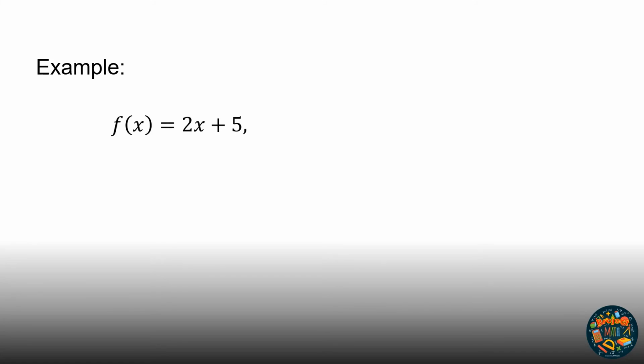So you can use the symbol f of x in place of y. So we have the example, f of x is equal to 2x plus 5. Function notation allows us to see the input value. So let's say we have our input, x is equal to 1.